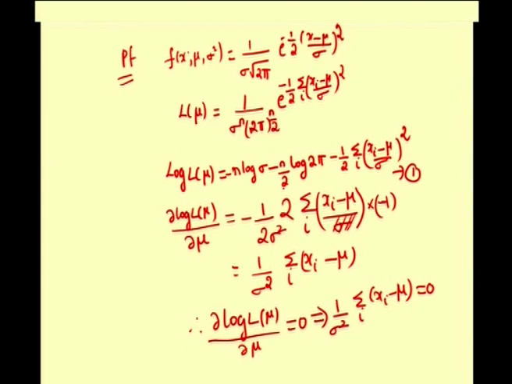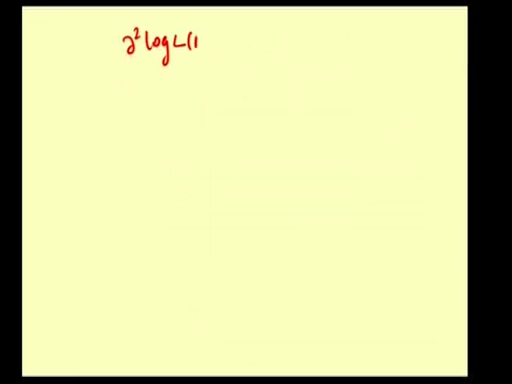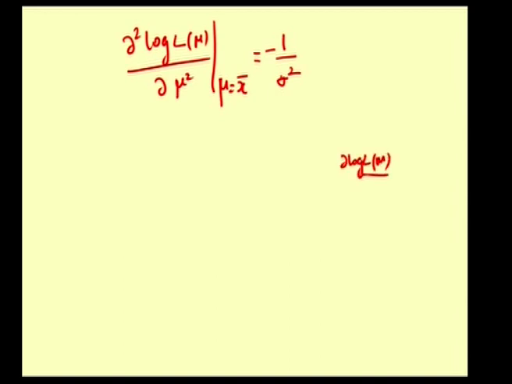So here you will have ∂ squared log L of mu by ∂ mu squared. Our ∂ log L of mu by ∂ mu term is nothing but 1 by sigma squared summation over i of (xi minus mu).